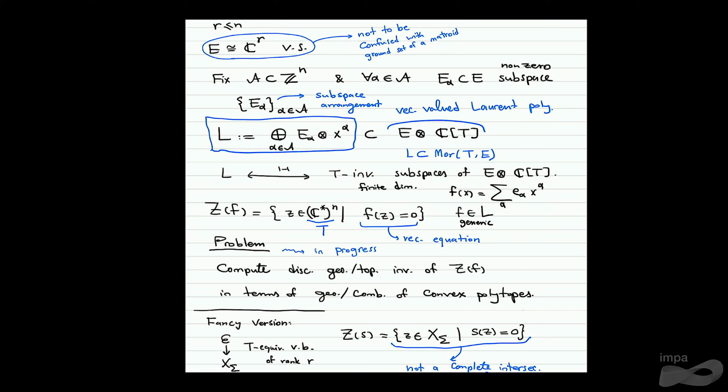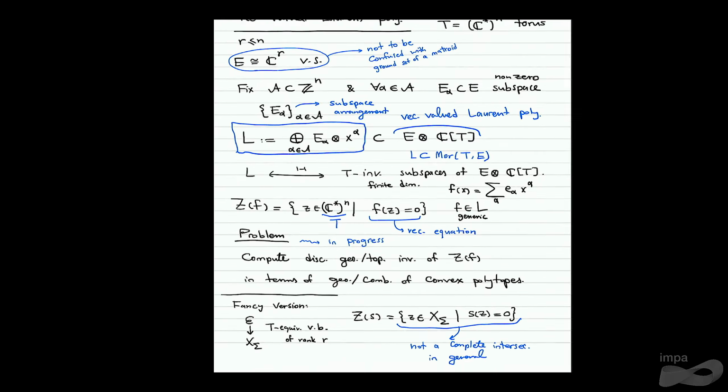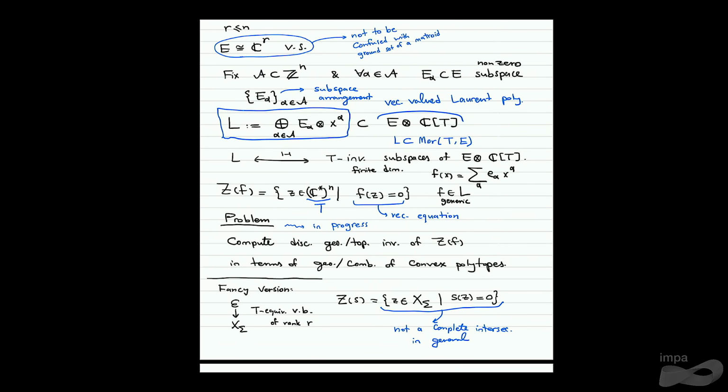Here, if you think of it as a system of r polynomial equations, r is the dimension of E. The coefficients are very dependent. It very much depends on the arrangement of subspaces I started with. So it does not reduce to the previous problem, and it's much more general.